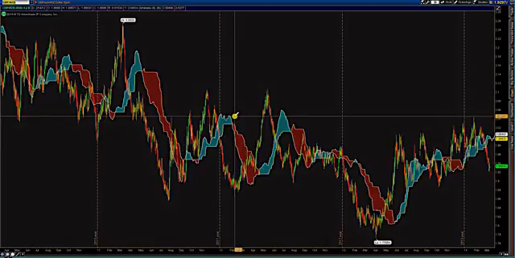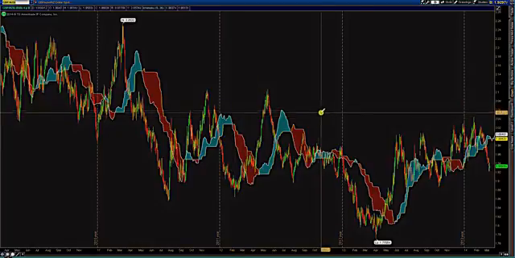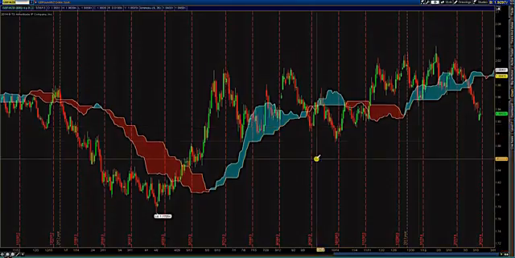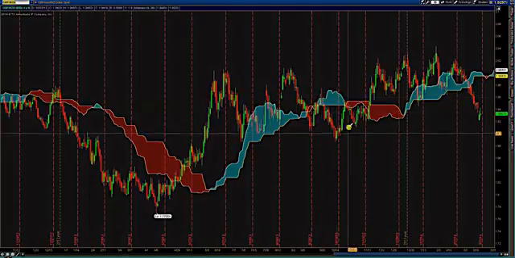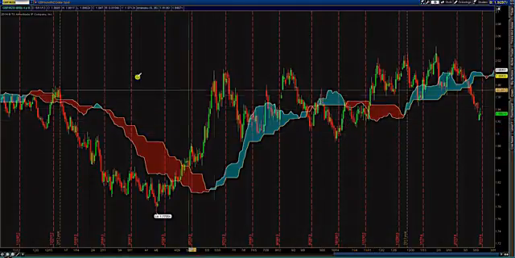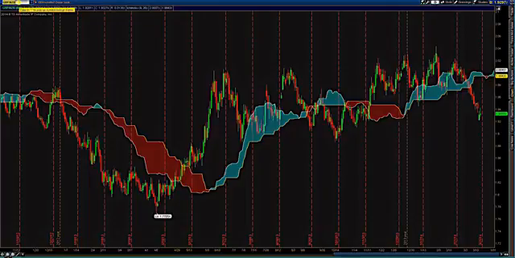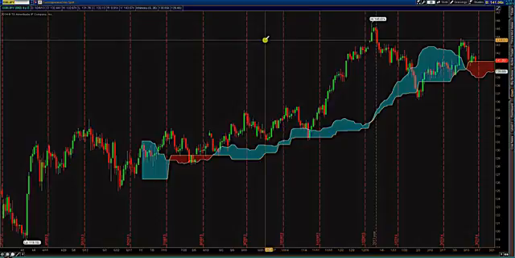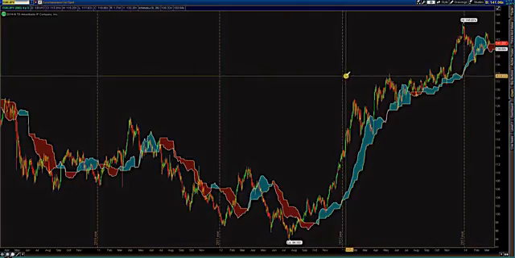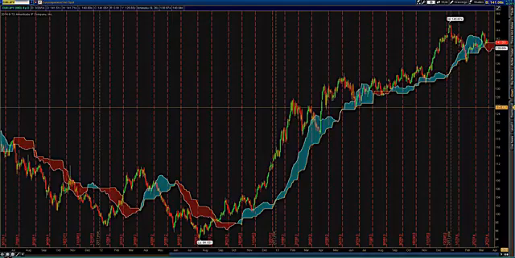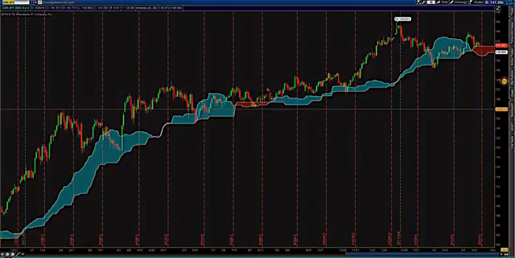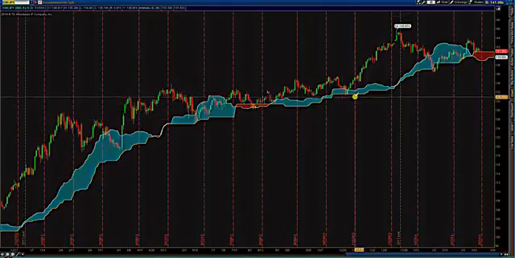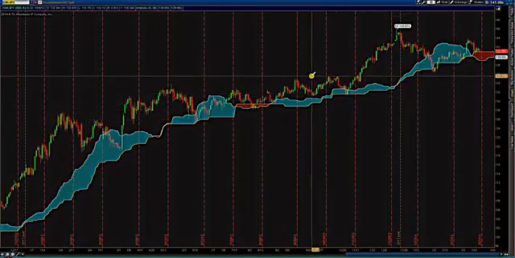If you take a look at another pair, for example Pound Kiwi, a lot of in and out. It doesn't really give you what you need, in my opinion. It's very choppy, basically. But with Euro Yen, I feel like there is more follow through. And it also respects the bottom of the cloud and the top of the cloud.